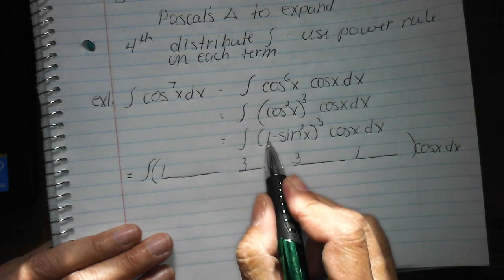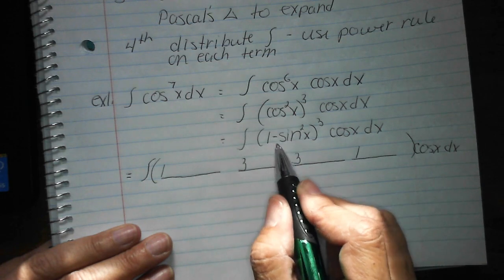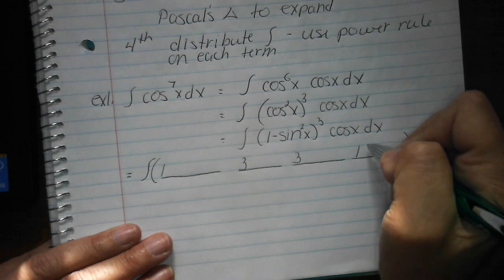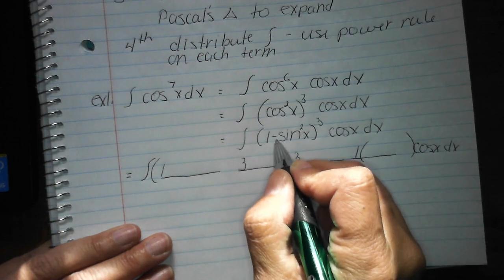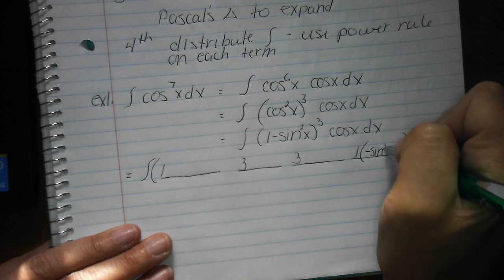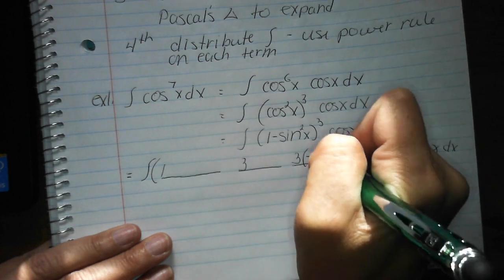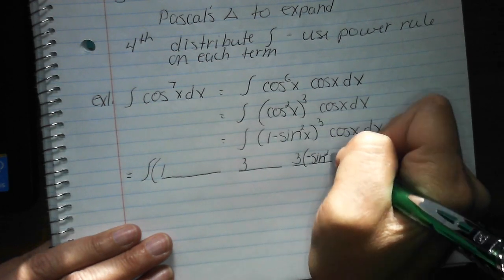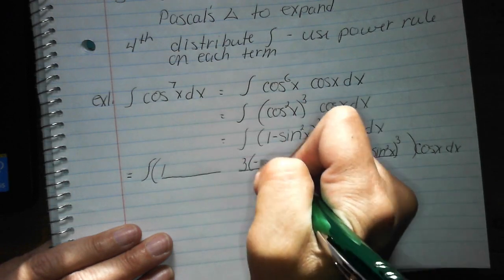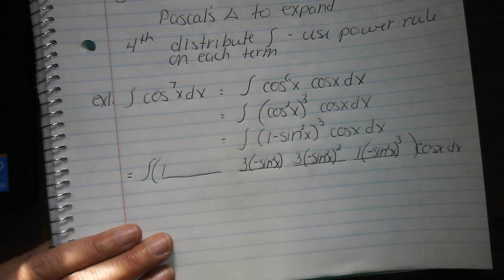And going through with powers of 1 doesn't do anything for us, so we'll start at the end. We have a negative sine squared that has to get cubed. So remember, the negative has to go with the power. So negative sine squared cubed. Then a negative sine squared squared. Then a negative sine squared to the first. And then we just have the 1 there.